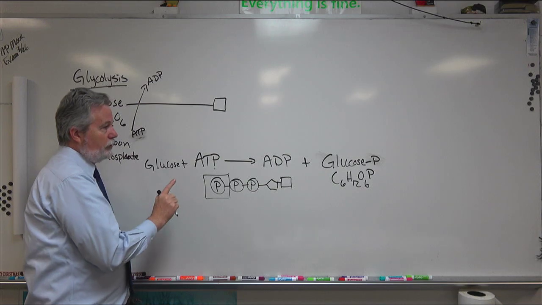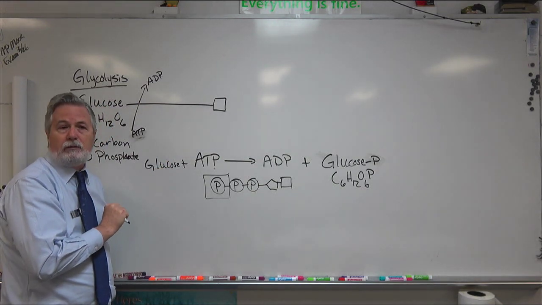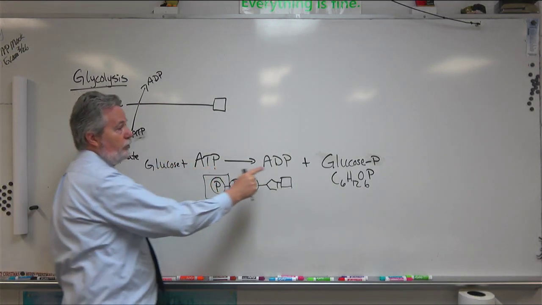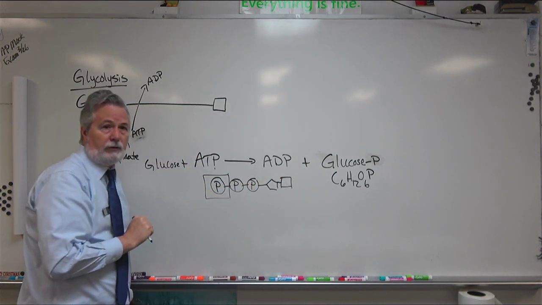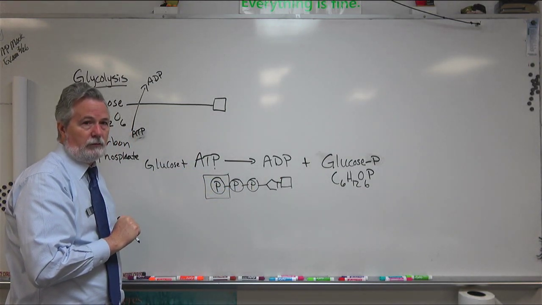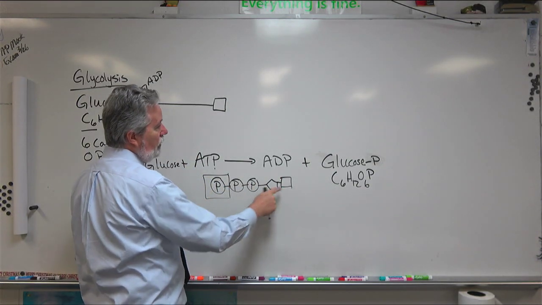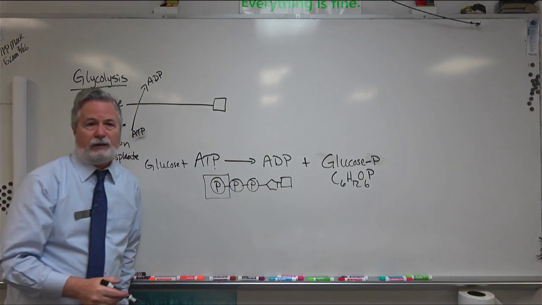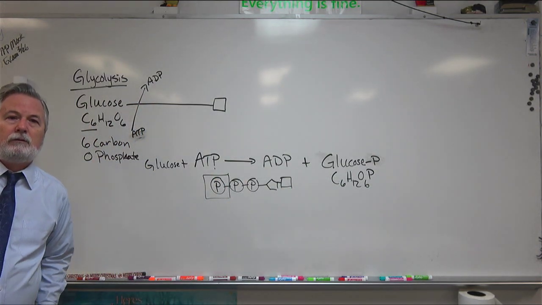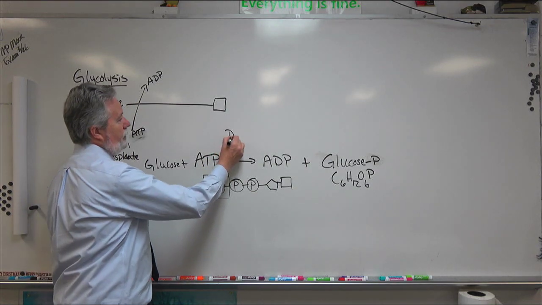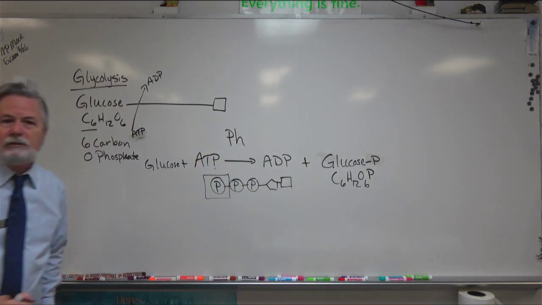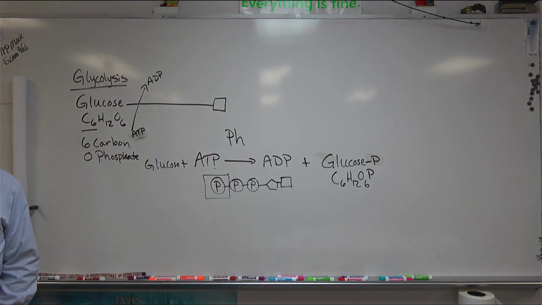Did the energy in glucose go up, down, or stay the same? Up. Glucose energy went up. Everybody good so far? We okay? Do you remember what this is called when you add a phosphate to a molecule? We talked about it last semester. It starts with a pH. Does anybody remember? Asher, are we okay?